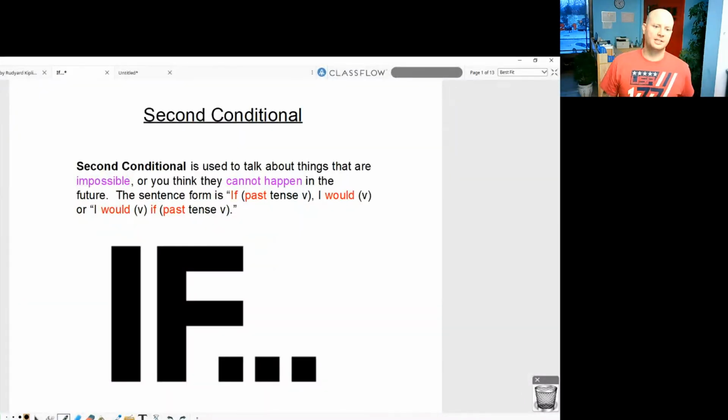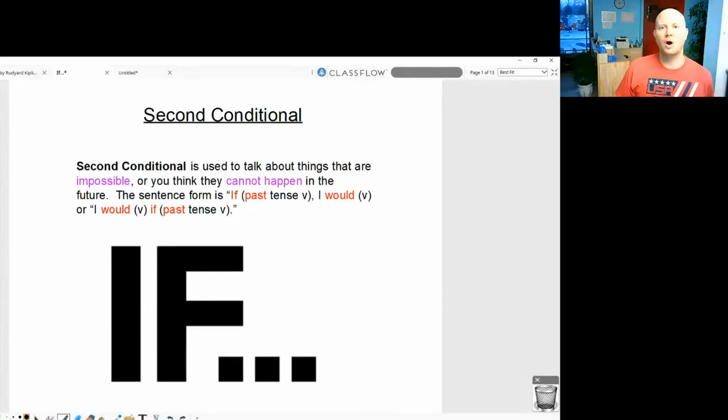Okay, so let's go over here to my screen. The second conditional is used to talk about things that are impossible or something that you think won't happen. So maybe not completely impossible, but unlikely in your mind.